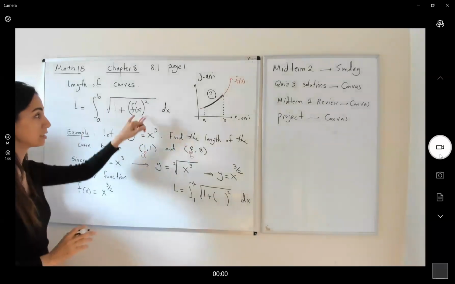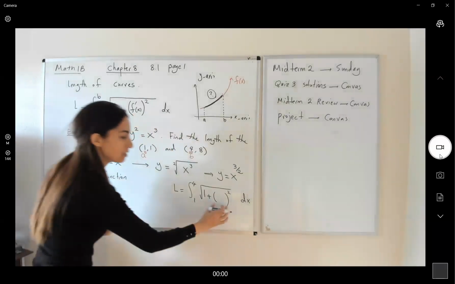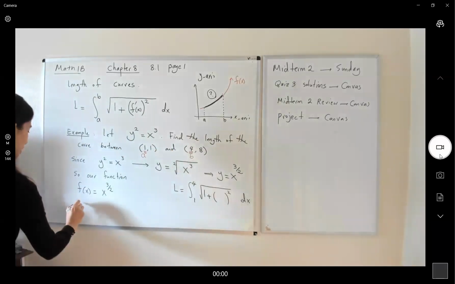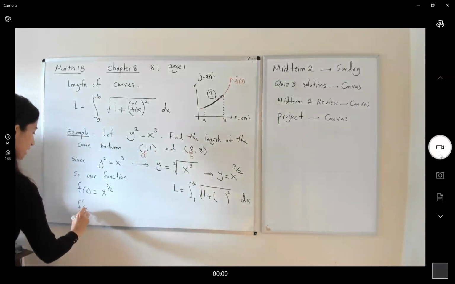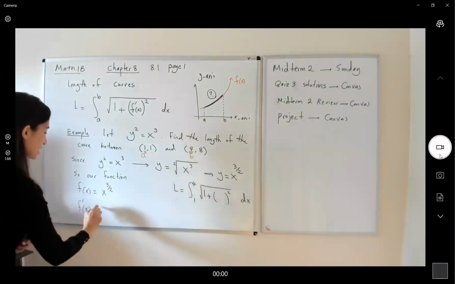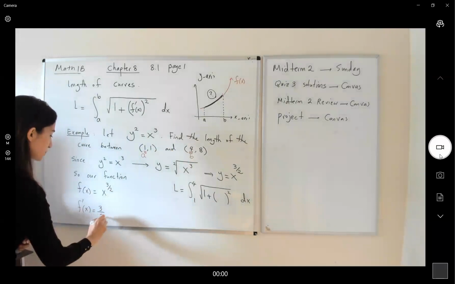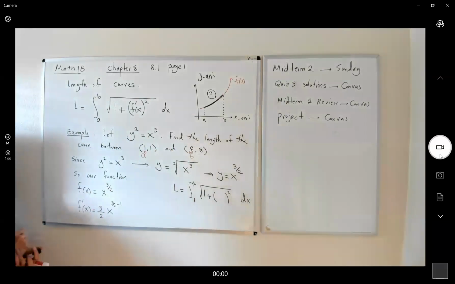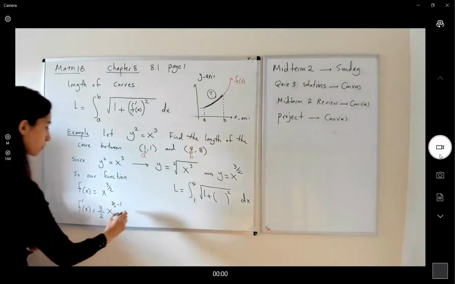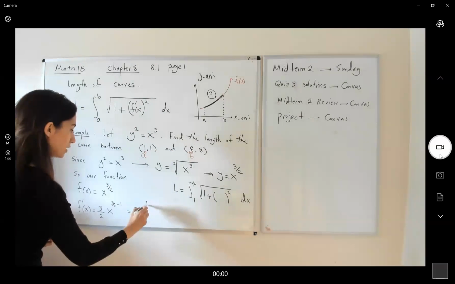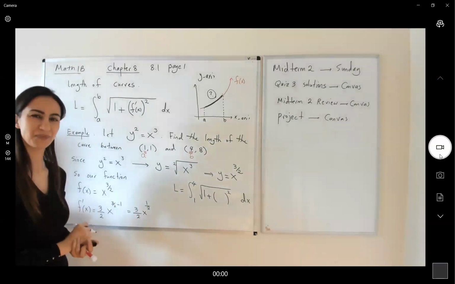Since we need the derivative of the function inside parentheses, we have to take the derivative of this function. F prime of x is equal to, you have an exponent 3 halves, so it is 3 over 2, x raised to 3 over 2 minus 1. So the derivative of your function is 3 halves, x raised to a half.